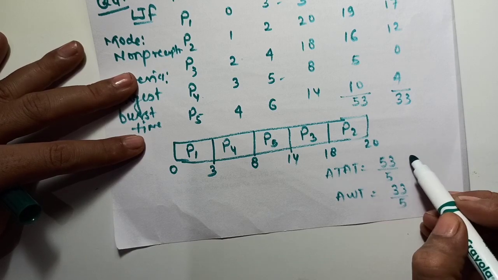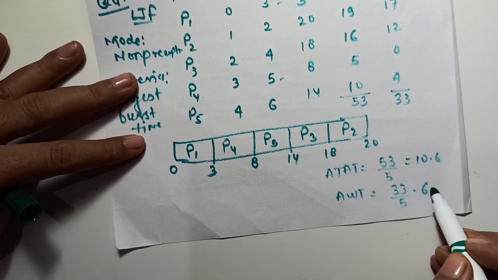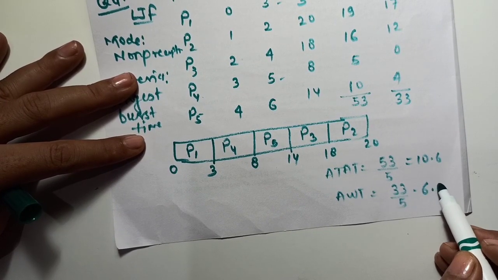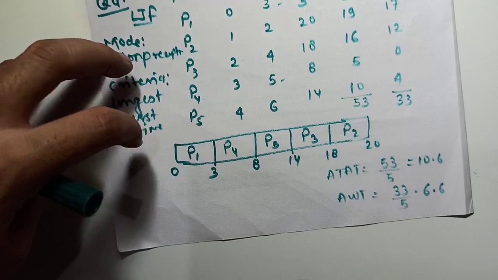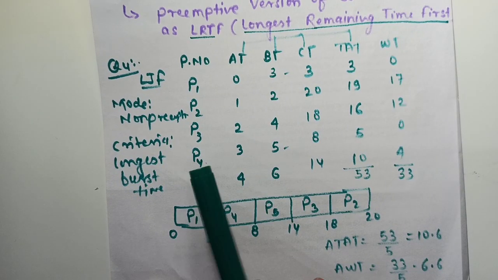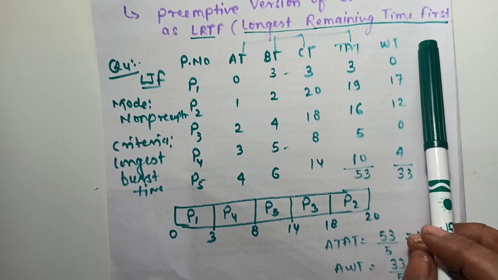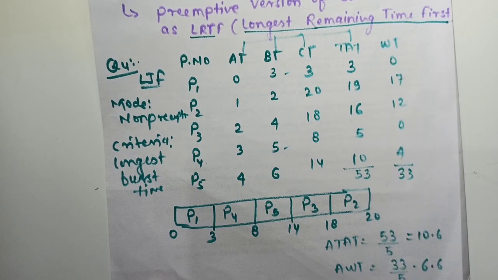You can calculate, this is 10.6 I think, and this one is 6.6. Because it is non-preemptive, I am not calculating the response time, as you already know that response time will be the same as the waiting time.